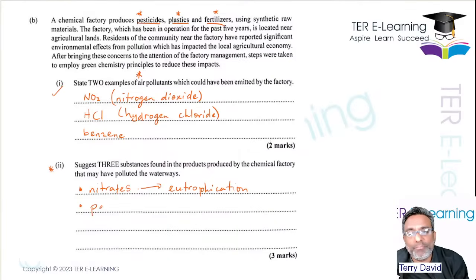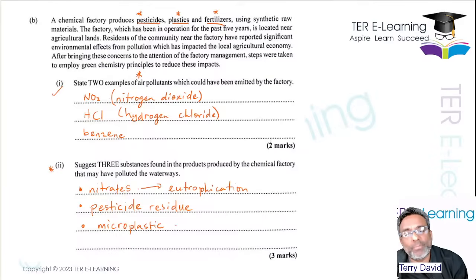You can also have pesticide residue. Pesticide residue could end up in the water, and it could kill the fishes. So pesticide residue is a potential answer. You can also have, since you're dealing with plastics here, microplastics.